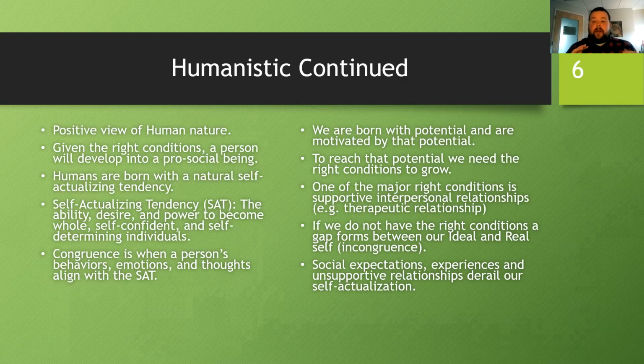In order to get there though, just like the acorn or seed is motivated to become the tree, we have to rely on the environment we're in. So we need supportive conditions in order to reach that potential.